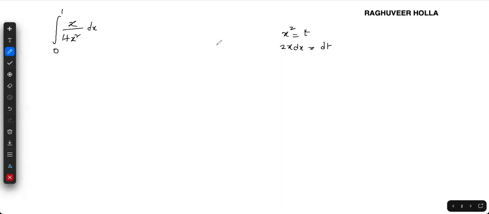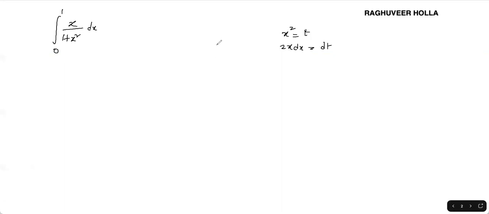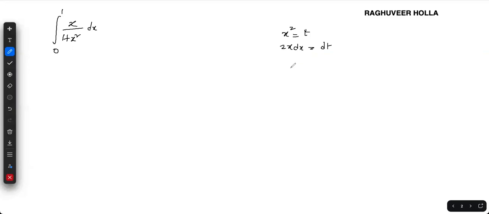Let us take x square as t, so that you get 2x dx equal to dt, and x dx as 1 by 2 dt.